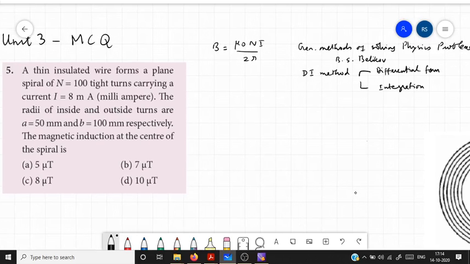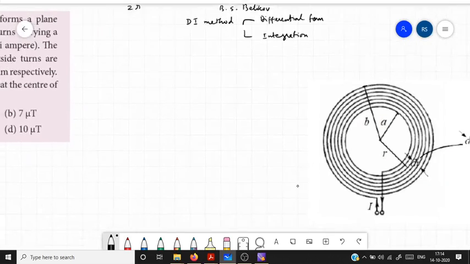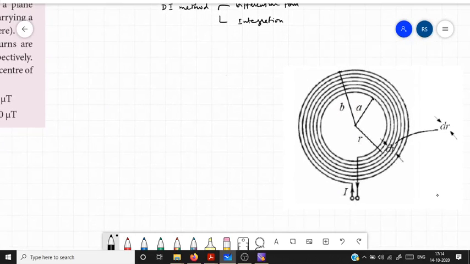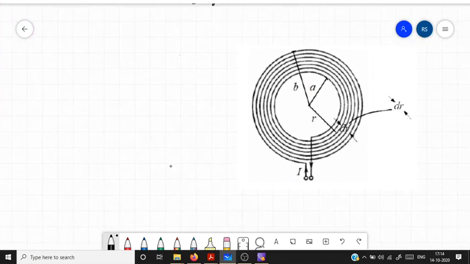Right. Okay, let us consider the scenario here. Let us take the center point over here, and at a particular distance or radius r. So from the center till this point, let us assume that the radius is r. And let us also consider that the number of turns up to that is n.